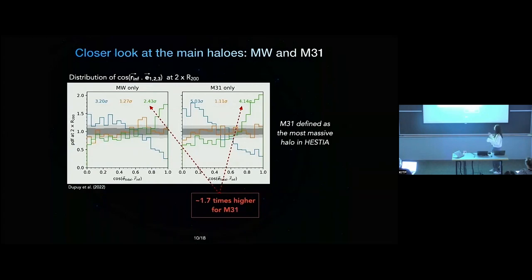But in the case of M31, the statistical significance is stronger, 1.7 times higher, to be more specific. We may explain the stronger alignment in the case of M31 by the fact that M31 is more massive, as it is defined as such in the HESTIA simulations.